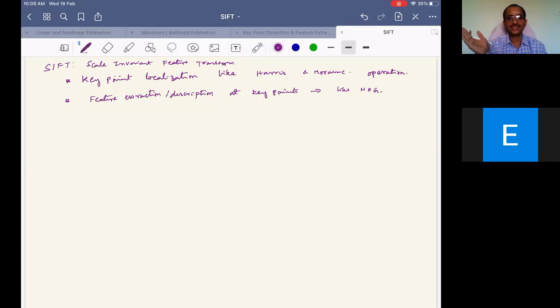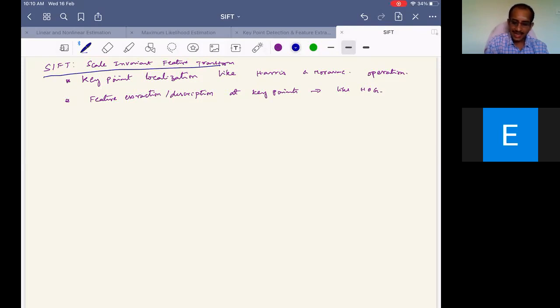Even though it uses HOG, the features of HOG used here are invariant in terms of comparison or in terms of matching or establishing correspondences, because they are described with reference to a particular orientation, particular scale, and so on. The key aspect of this, as the name indicates, is scale invariant feature extraction.